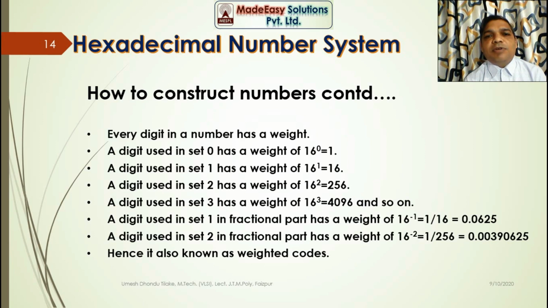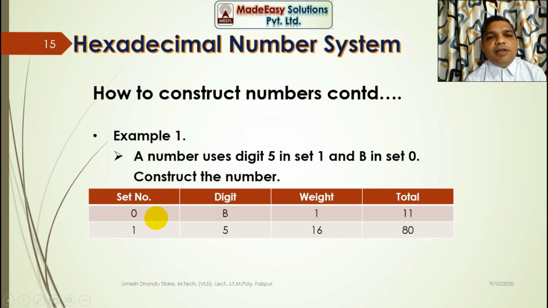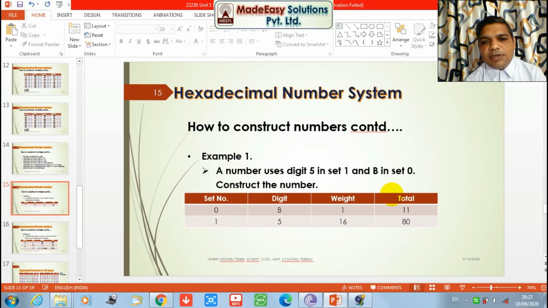So now let's see how to construct the numbers. In example 1, I have shown you that digit 5 is used in set 1 and B in set 0. I have used the set numbers in ascending order. So here the weight of this set is 16 power 0 is equal to 1. Weight of this set is equal to 16 power 1 is equal to 16. So let's find out the place values. Here it is a place value. Let's edit it.